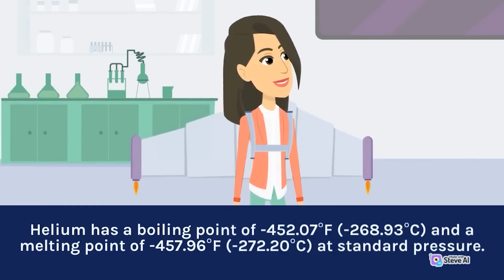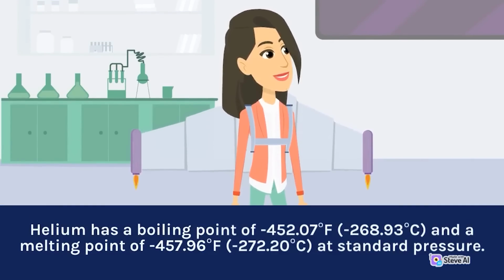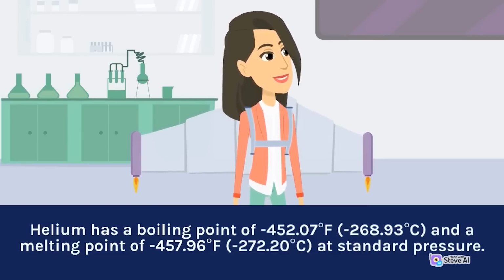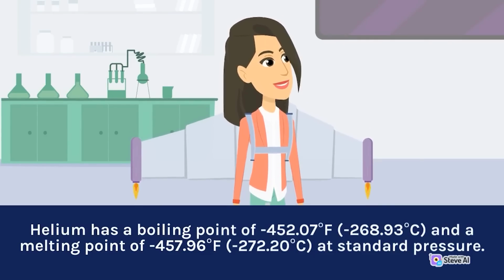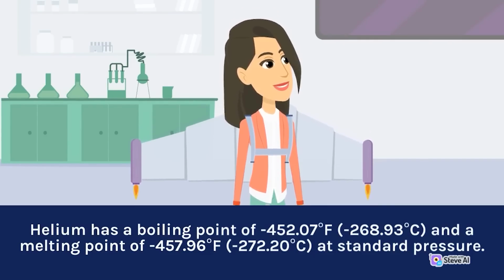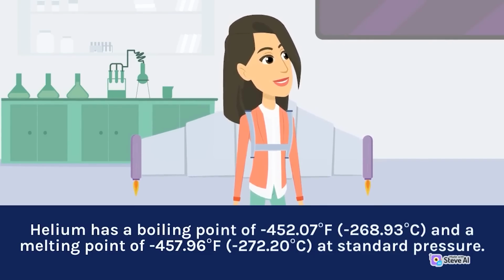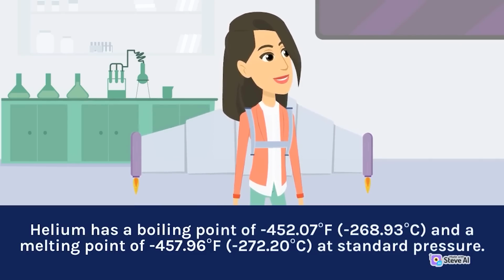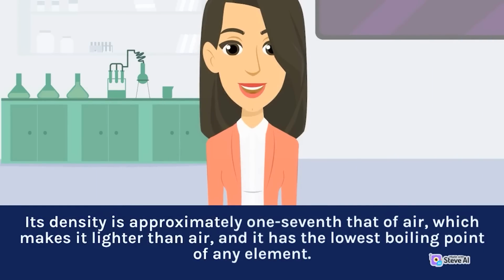Helium has a boiling point of -452.07 degrees Fahrenheit, -268.93 degrees Celsius, and a melting point of -457.96 degrees Fahrenheit, -272.20 degrees Celsius, at standard pressure. Its density is approximately 1/7 that of air, which makes it lighter than air, and it has the lowest boiling point of any element.